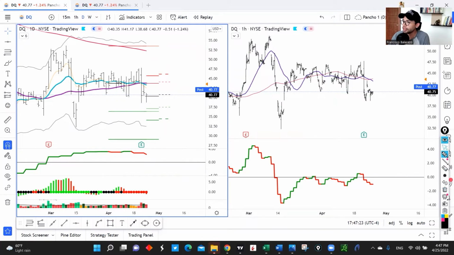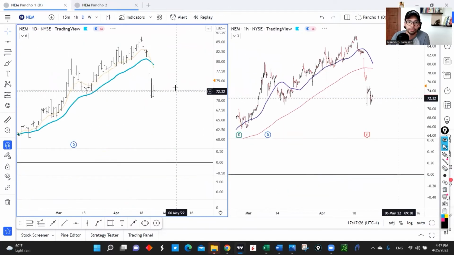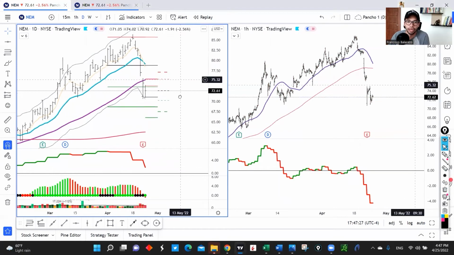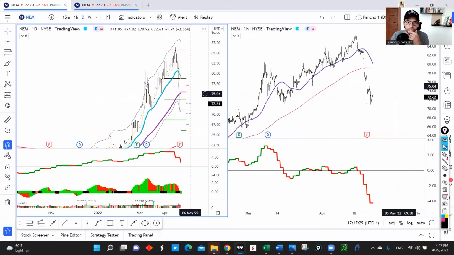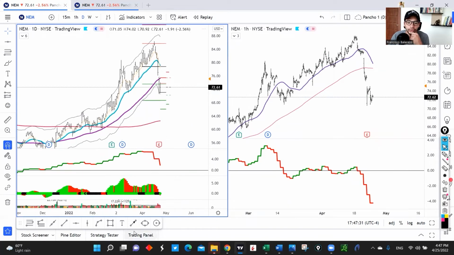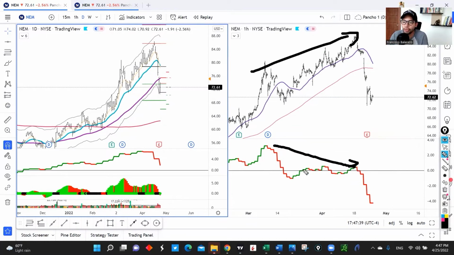Now let's go with, I think I have NEM here, which is a gold name. And this is the perfect sample, right? You can see how the MOXY works here. You can see that this was moving higher, but what was the MOXY indicator doing? The MOXY indicator was actually moving sideways to lower, right? And then it ended up broken, and now you can see NEM starts to trend lower. And also you can see it on the daily, right?